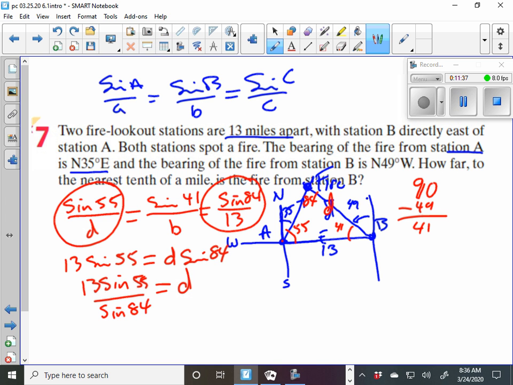Now we're going to plug that into a calculator, and we get D equals 10.7 miles. And that makes a little bit of sense. If we had drawn our triangle a little more accurately, we could recognize that. All right.